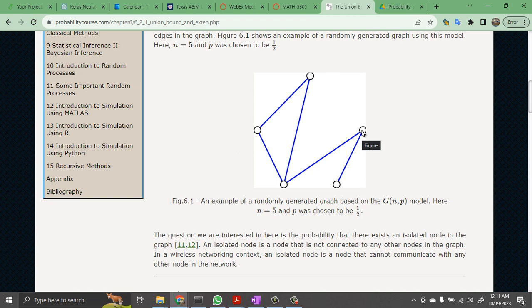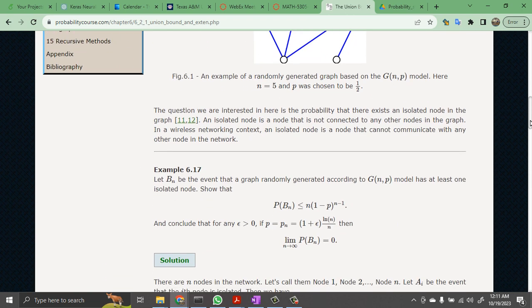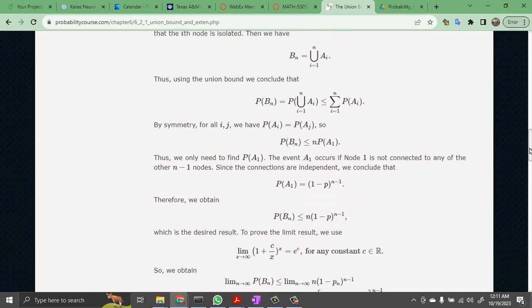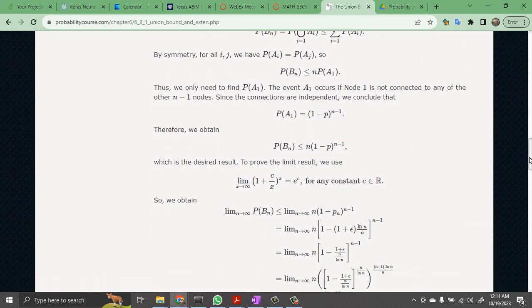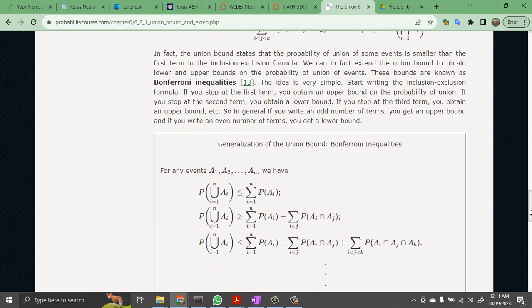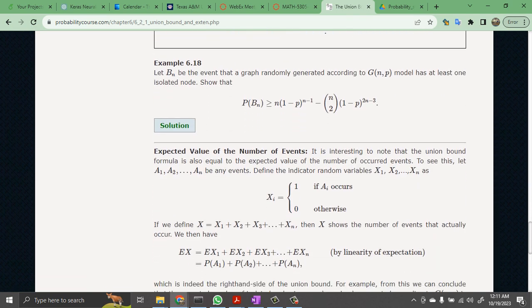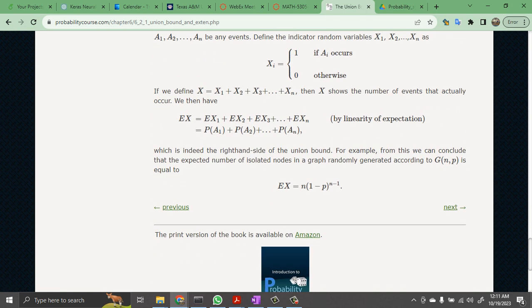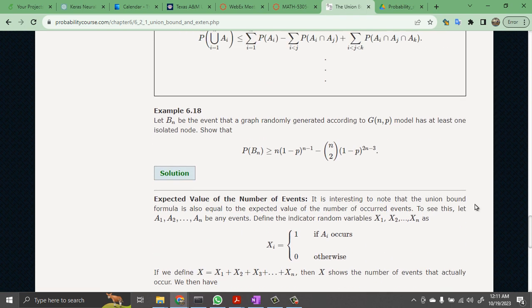If you add those together, you're going to get 2n minus 3. So you have to have 2n minus 3 missing connections in order to have 2 points isolated. So that's where the 2n minus 3 here comes from. And there's actually n choose 2 possible pairs. Right? So you can read that argument here. It's expressed very clearly.